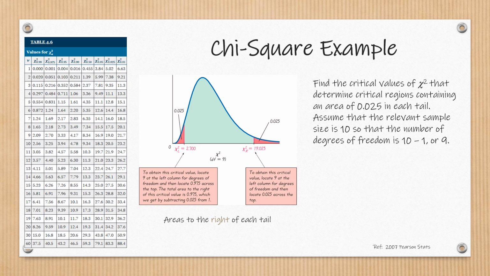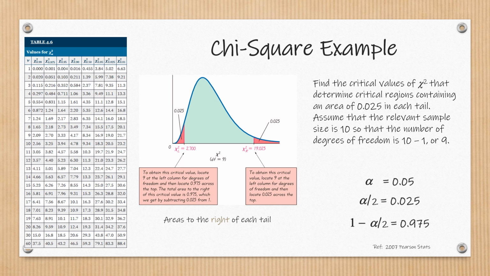In this example, we can find the critical values for chi-squared for the critical regions containing an area of 0.025 in each of the tails, on the left and right side of chi-squared. So we'll assume a sample size of 10 and degrees of freedom of 9. With that, we have alpha, the significance, of 0.05, or 5%, which corresponds to alpha over 2 of 0.025, and then 1 minus alpha over 2 of 0.975.